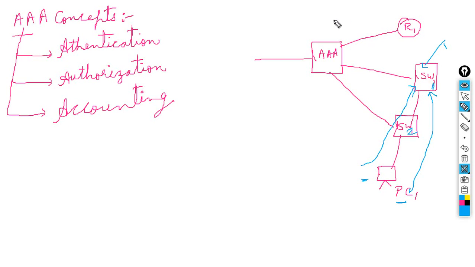So what I can say, AAA stands for authentication, authorization, accounting. AAA is a centralized management of users to access the network resources. If I want to access this network resource, I can access it through the AAA server. AAA service allows setting up the access control on the Cisco router and the switch. Whenever a user attempts to log in and access the network, it will be verified by the AAA database.